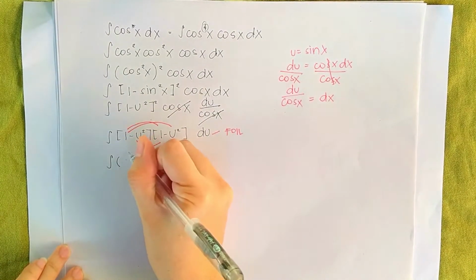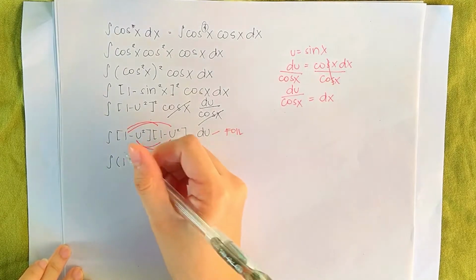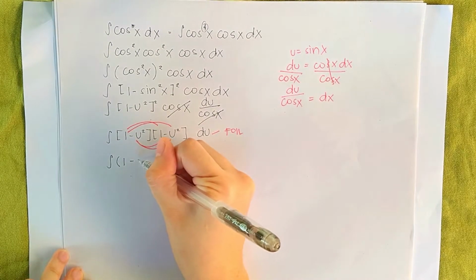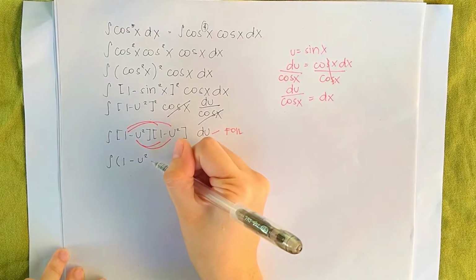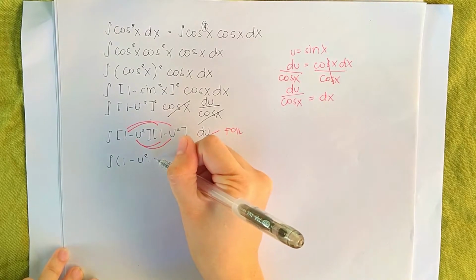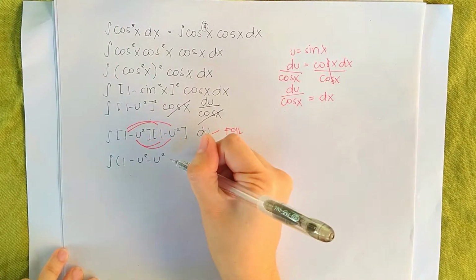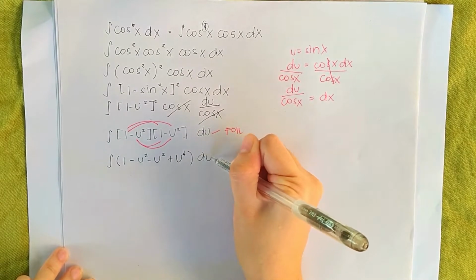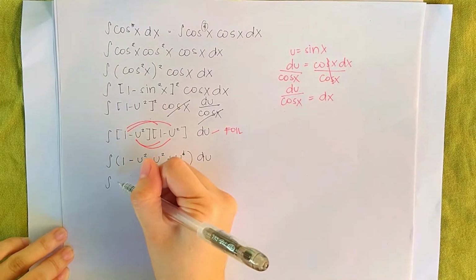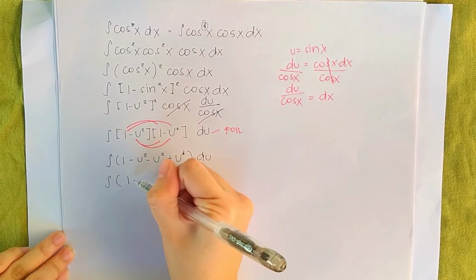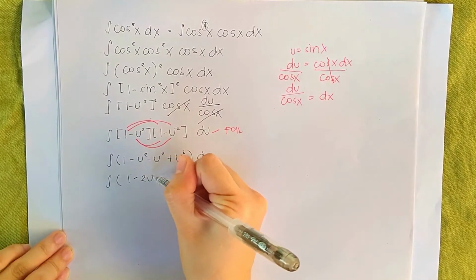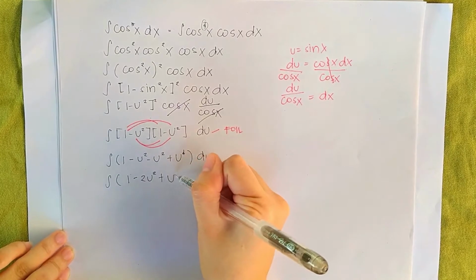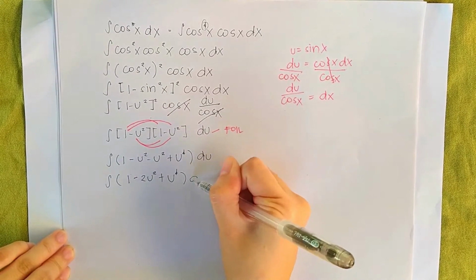So the answer will be 1 minus u squared minus u squared plus u raised to 4th power du. Now let's combine similar terms. So this will be 1 minus 2u squared plus u raised to 4th power times du.